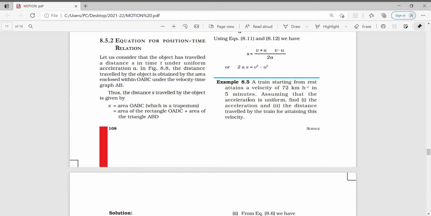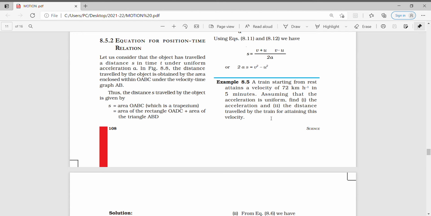You see here velocity is in kilometer per hour, so we will convert it to meter per second, and time is 5 minutes, so again we will convert this to seconds. Assuming the acceleration is uniform, find the acceleration and the distance traveled by the train for attaining this velocity.